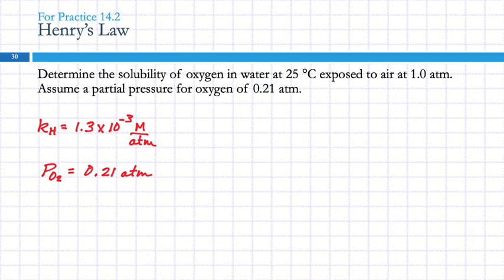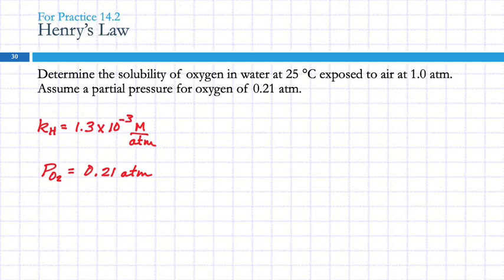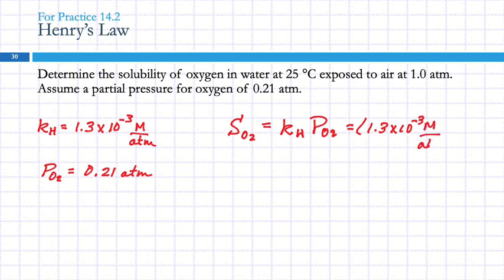I'm not going to use the 25 degrees in my calculation, but that is important because this constant is only valid at that temperature. I'm not going to use the 1 atmosphere because what I really need is the partial pressure of oxygen. So the solubility of oxygen here is equal to the Henry's law constant times the partial pressure of the oxygen. So 1.3 times 10^-3 molarity per atmosphere times 0.21 atmospheres.